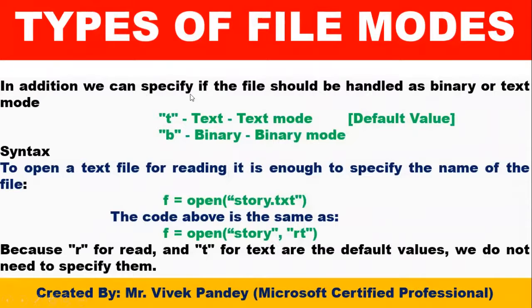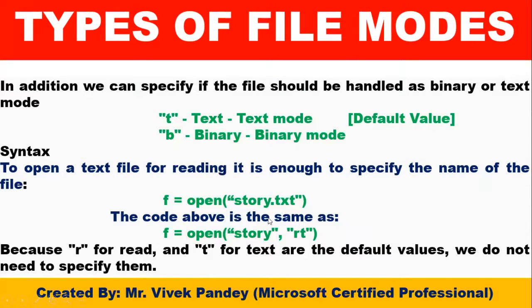In addition, we can specify if the file should be handled in binary or text mode. T stands for text mode, B stands for binary mode. To open a text file for reading, it is enough to specify the name of the file: f = open('story.txt').